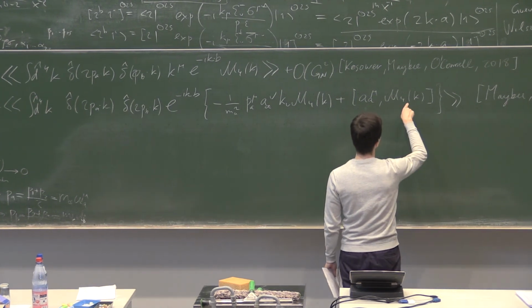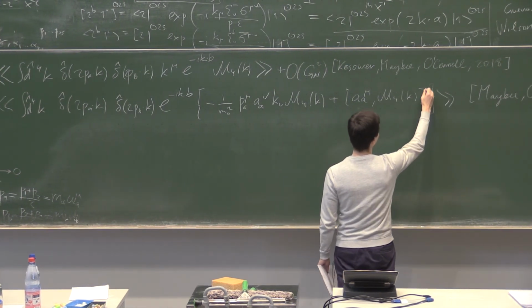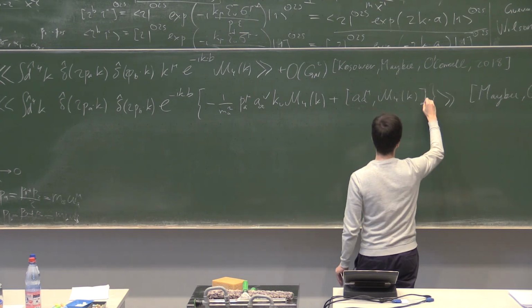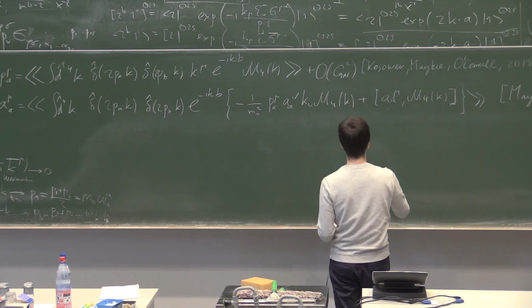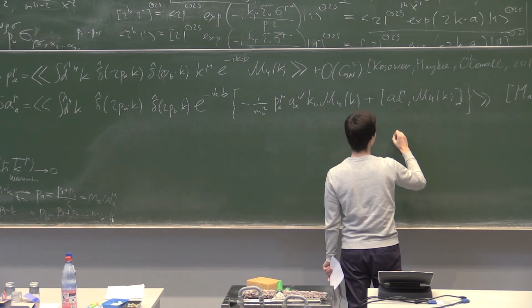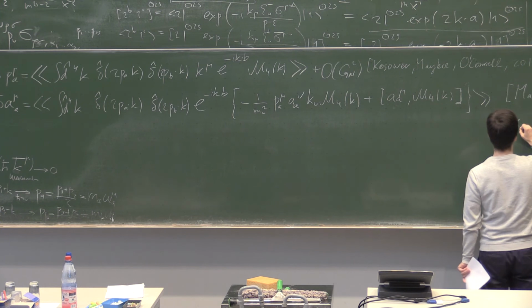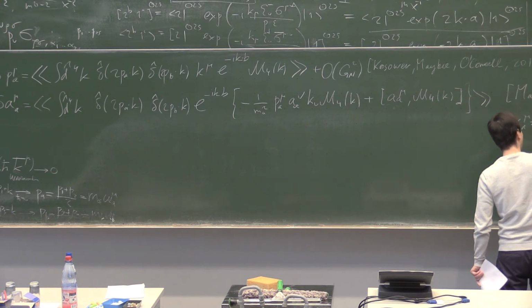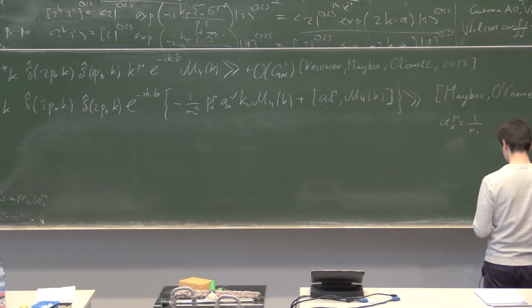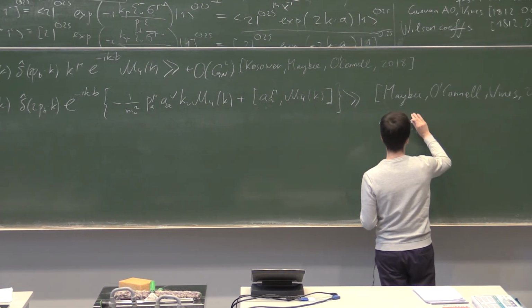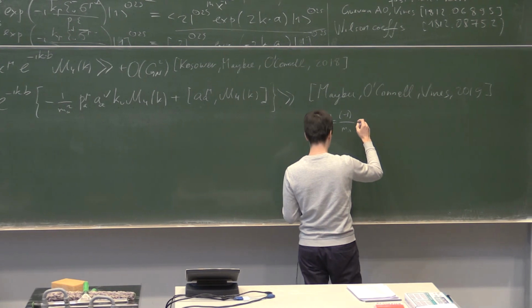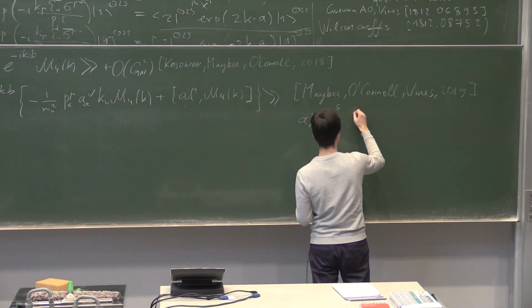It acts. There's a commutator with the amplitude. So what does this mean? That's something new. That's the spin operator understood as an expectation value. So I've done quite a lot on that part.